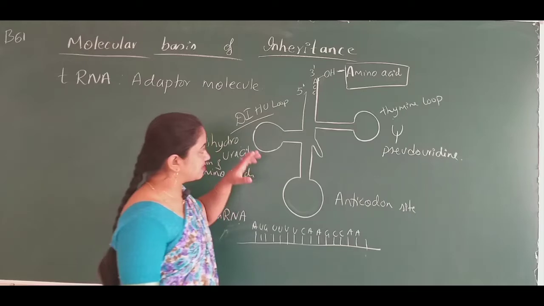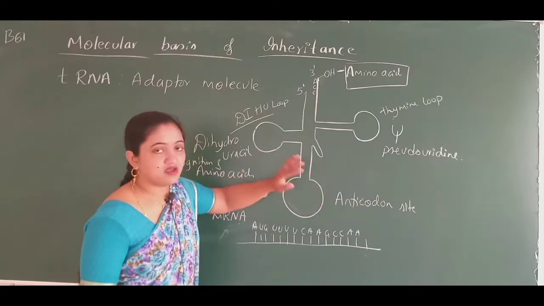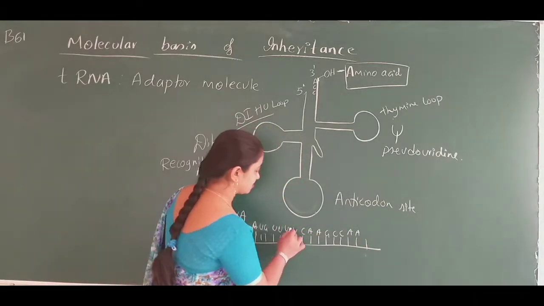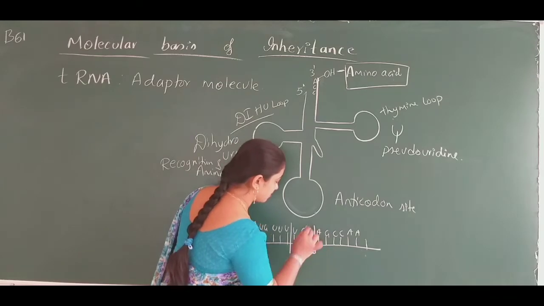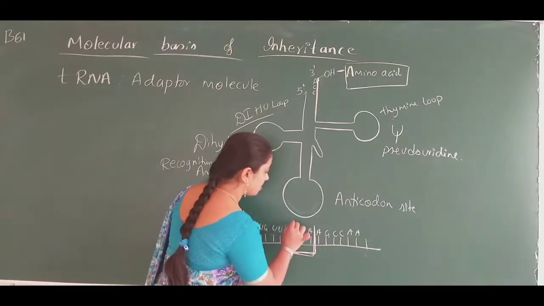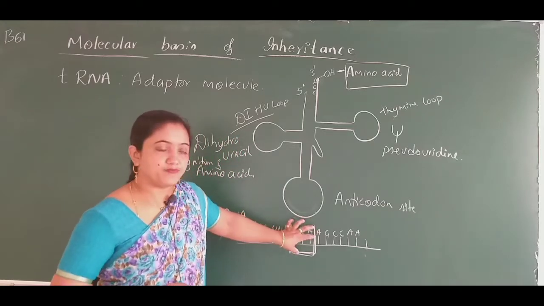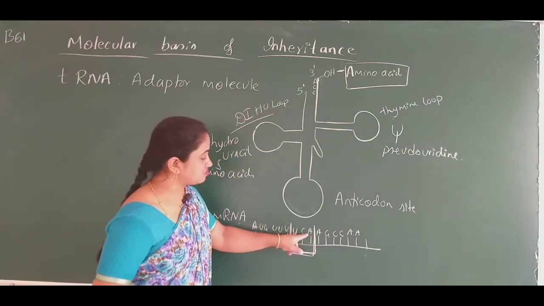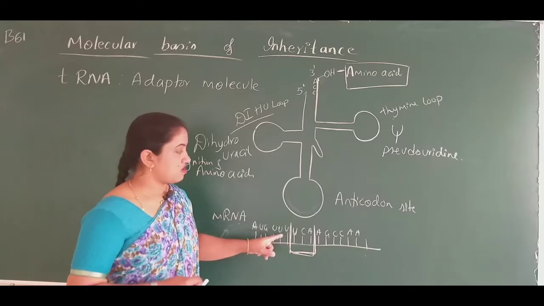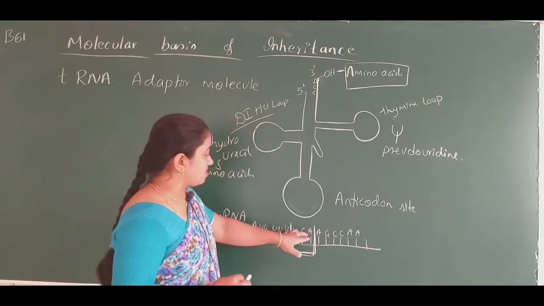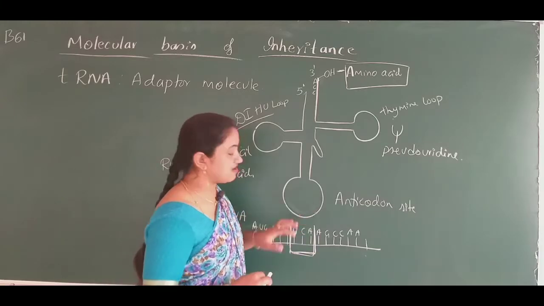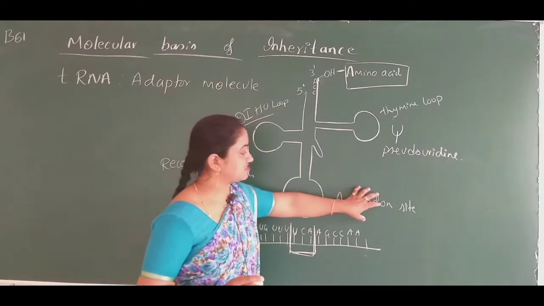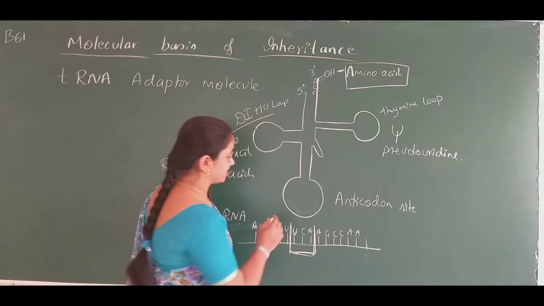Particularly this arm, this end, will read the triplet codons. Consider only these three, this triplet codon we are going to trace. Here it has a UCA triplet codon, and the anticodon site will trace the opposite sequence.